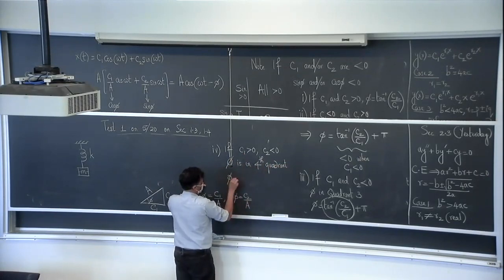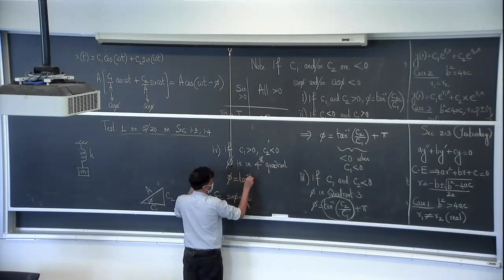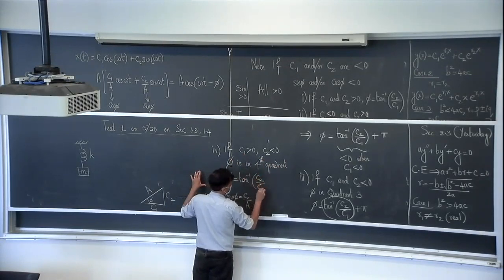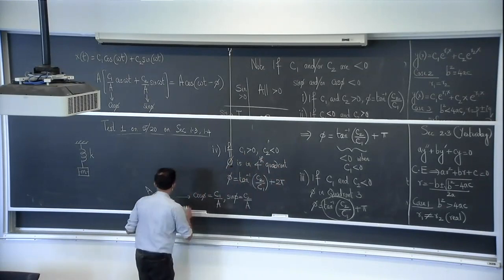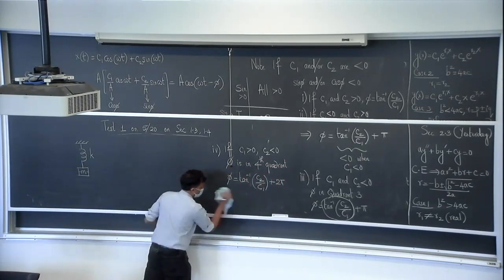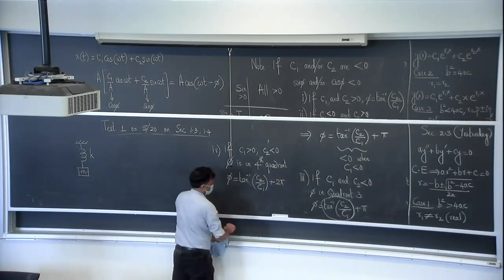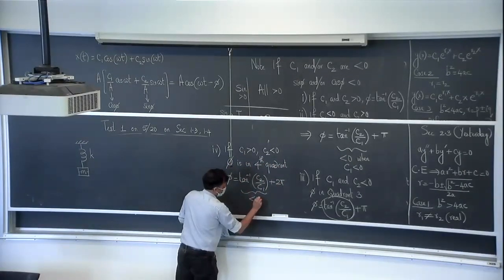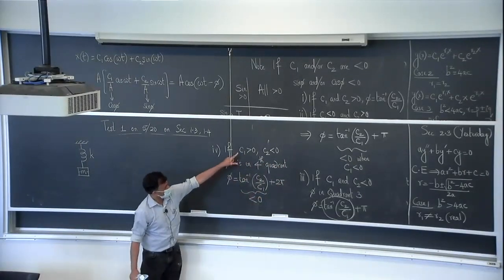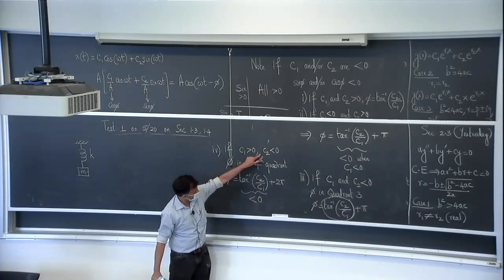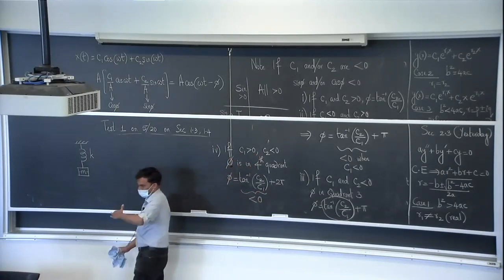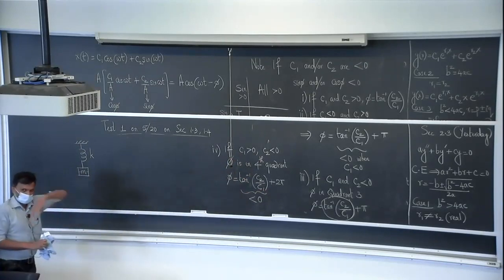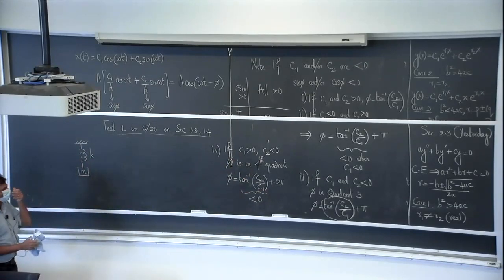And you can obtain the new angle by doing tan inverse of C2 over C1 plus 2 pi. Once again, this is a negative number, because C2 is negative. We are adding a negative number to 2 pi. It's going to be less than 2 pi. We are in the fourth quadrant, not back in the first quadrant.